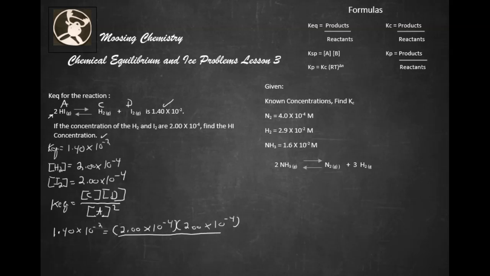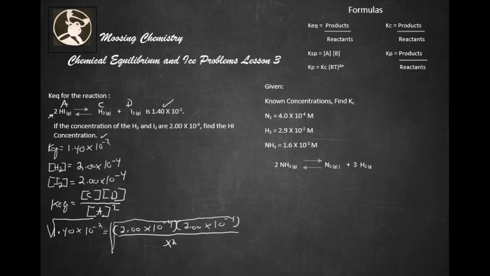Instead of calling it HI squared, which I could, I'm going to call it x squared. Now I want to take the square root of this. The 2.0 times 10 to the negative 4 times 2.0 times 10 to the negative 4 is the same thing as being squared. So I'm going to take the square root of this over the square root of all of this.